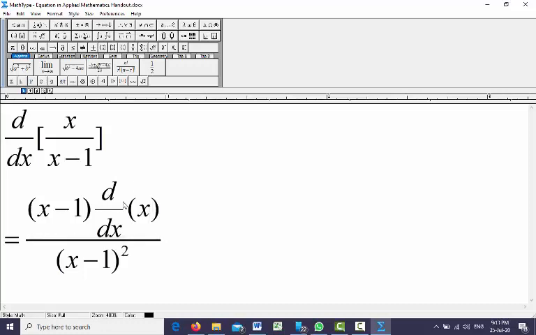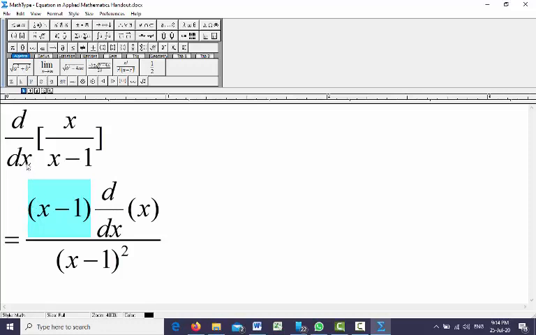I'm saying again, whatever you have in the denominator, you write it as it is in the numerator.